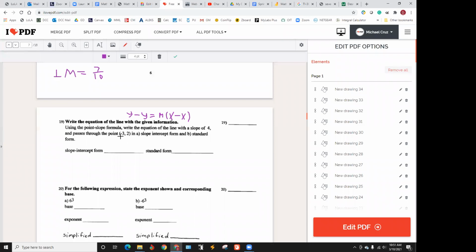So we've got a point and we've got a slope. So that's y minus y, oh, it's right there, is equal to slope of 4 and then it's negative 3. So we got to account for the double negative thing.